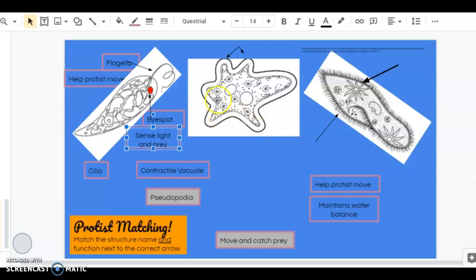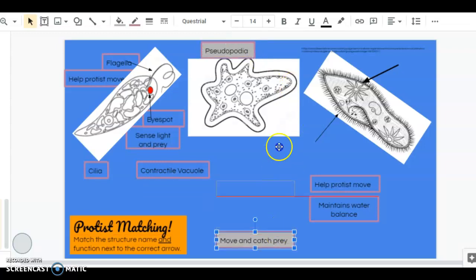The amoeba here in the middle, the arrows are pointing to these extensions of cytoplasm. Those are called pseudopodia. What do they do? They help the organism to move and also to catch its prey.